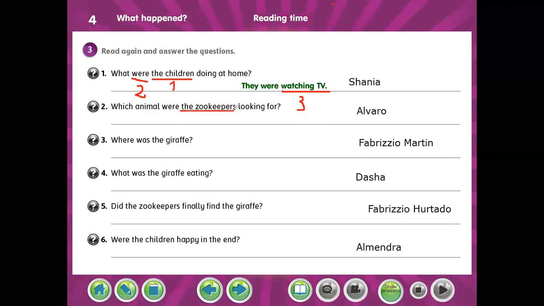One, you see? The position is the same. One, two, and then the complement. The same. One, two, the position. One, two, the same. And we make a sentence. Okay?